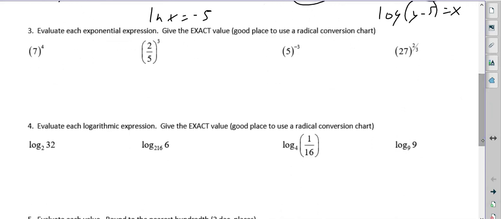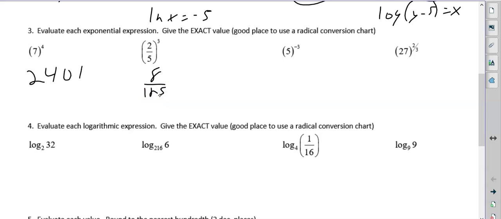Okay, evaluate each exponential expression. Give the exact value. Okay, so 7 to the power of 4 is 2401. That's just 7 times 7 times 7 times 7. Okay, this is 2 cubed over 5 cubed.